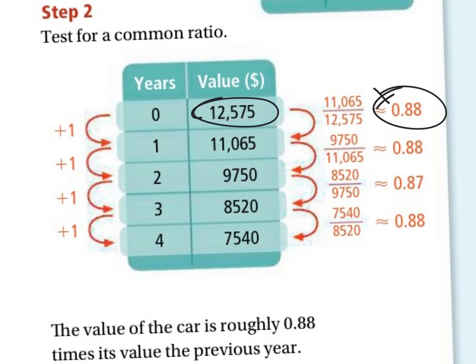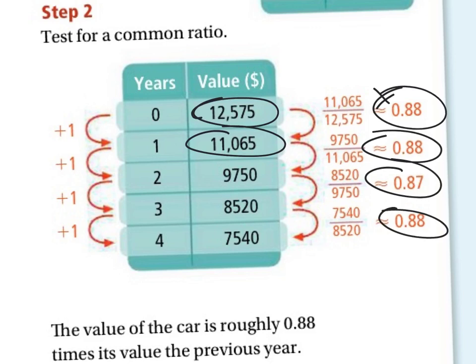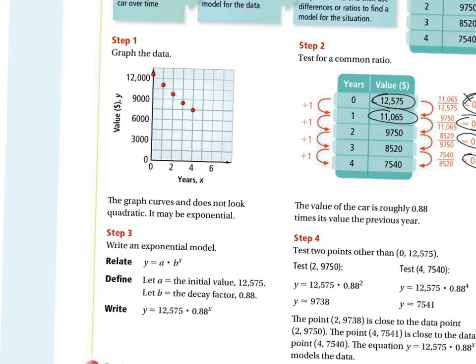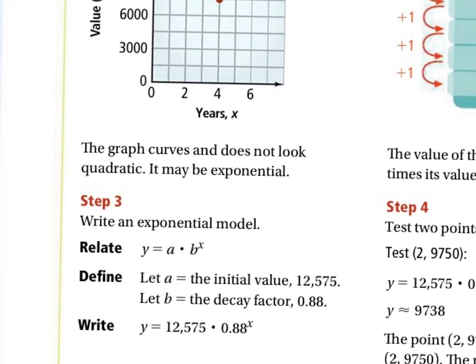We're taking about 88% of that value to get to the value for the next year. Then we're taking about 88% of that value. Okay, next one, notice it's 87%, but it's almost the same. And then again, 88%. So those are all really close to each other. That means we're multiplying the y value by the same number each time. And so that means it is going to be exponential.